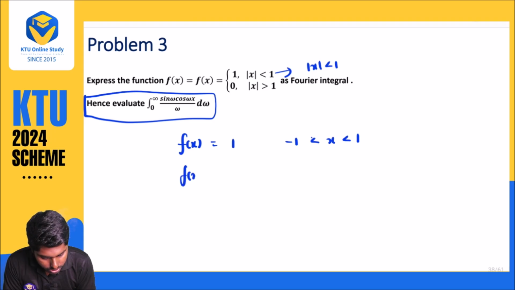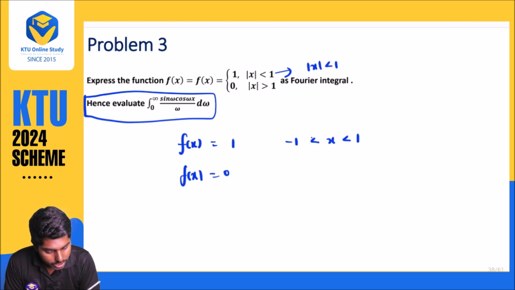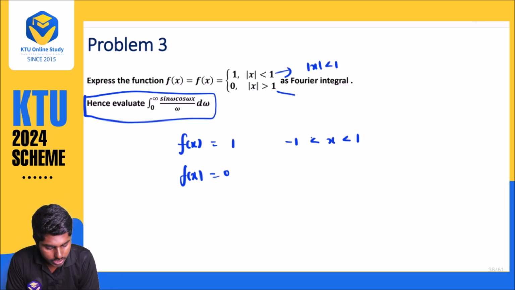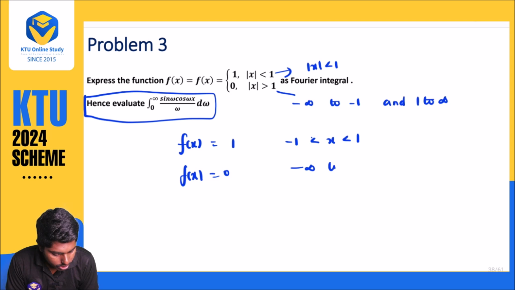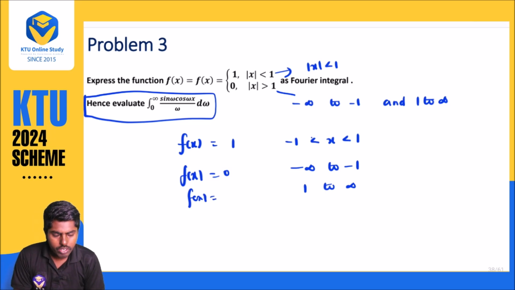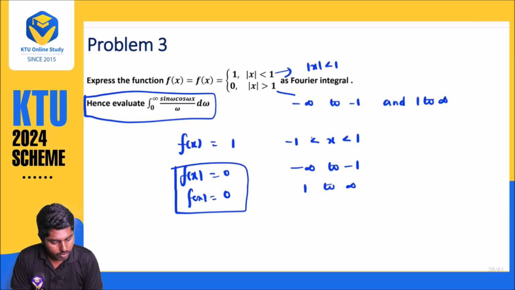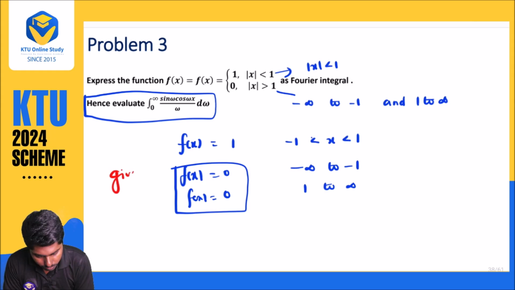And f of x is equal to 0 when mod x is greater than 1, which means under two conditions: one is minus infinity to minus 1 and another is 1 to infinity. In both conditions our f of x value is 0. Now we have written the given, this is the given thing they have given.